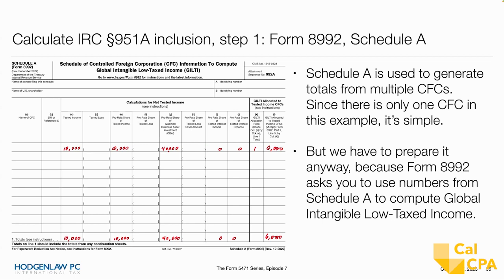So what if a CFC had a loss? Anyway, we're totaling everything up here. In my example, we only have one corporation, so it doesn't really matter, but we need to fill it in because when we go to Form 8992, it's going to suck some numbers off of Schedule A and tell you to put them onto Form 8992 so you can compute how much global intangible low taxed income is going to hit the shareholder's income tax return. So we go through the drill anyway.